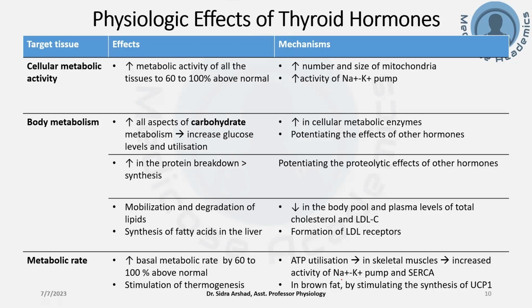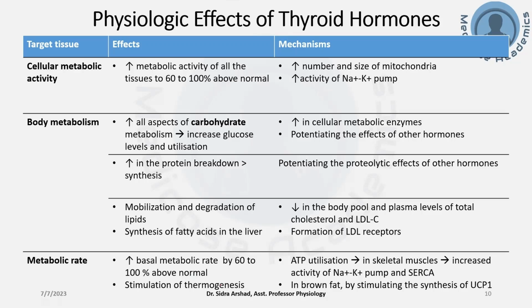So by increasing this activity, they are actually increasing the utilization of ATP, and this utilization of ATP is going to produce heat as well, and energy is released. So this is the mechanism of increased metabolic rate. An example is given for the skeletal muscles.